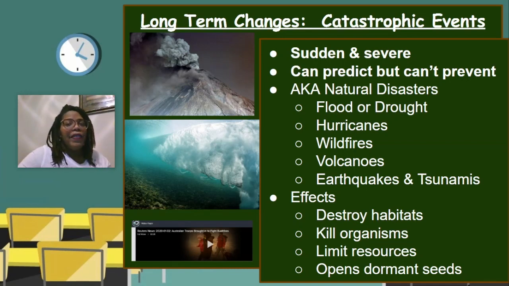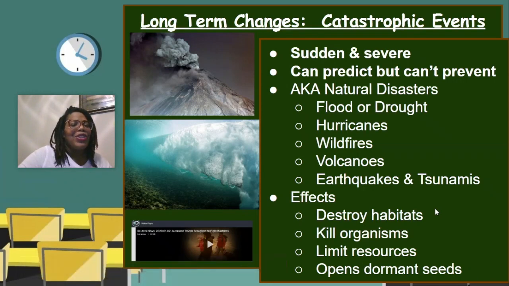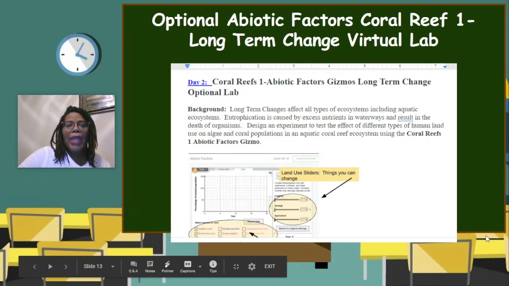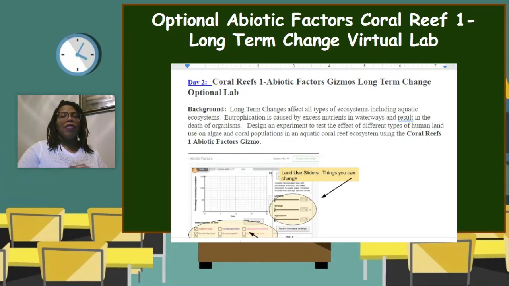So those are benefits of catastrophic events, though they do have some negatives that we definitely see as humans because we want to live where we want to live, but they also are beneficial to our planet as well. Okay, so that was a quick rundown of catastrophic events, climate change, and eutrophication.